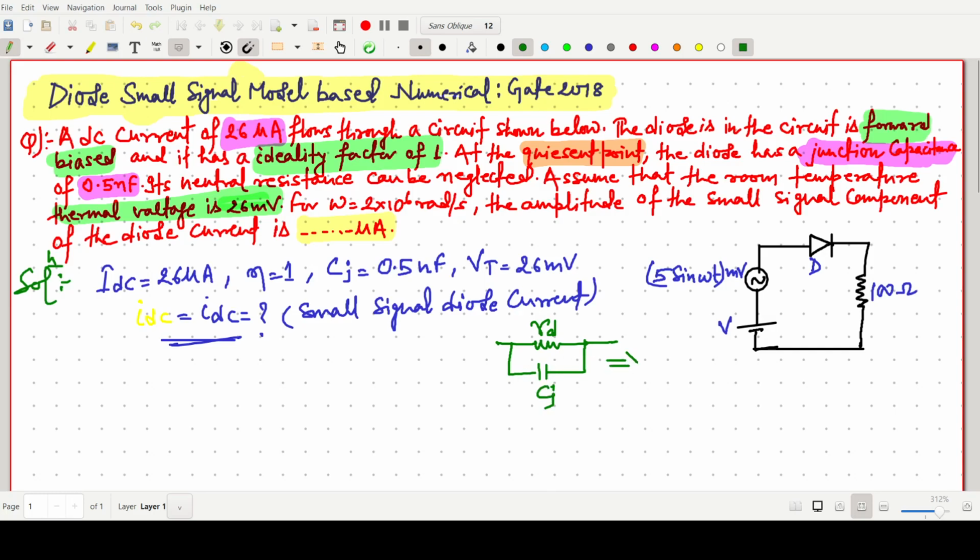We have replaced the diode with some small signal resistance. This RD is the small signal AC resistance, and Cj is the junction capacitance. Is it okay?